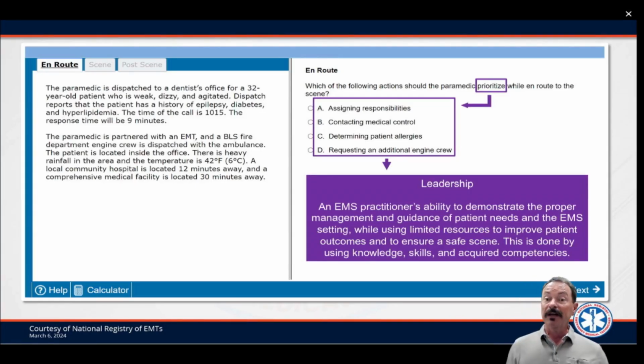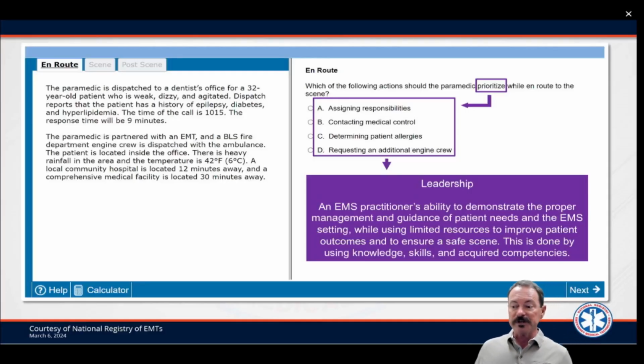Okay, so that's quite a bit of information that you're receiving when you've been dispatched. The dispatcher is giving you, and you're thinking about now why you are trying to get to the scene. Okay, so the question says, which of the following action should the paramedic prioritize when en route to the scene?